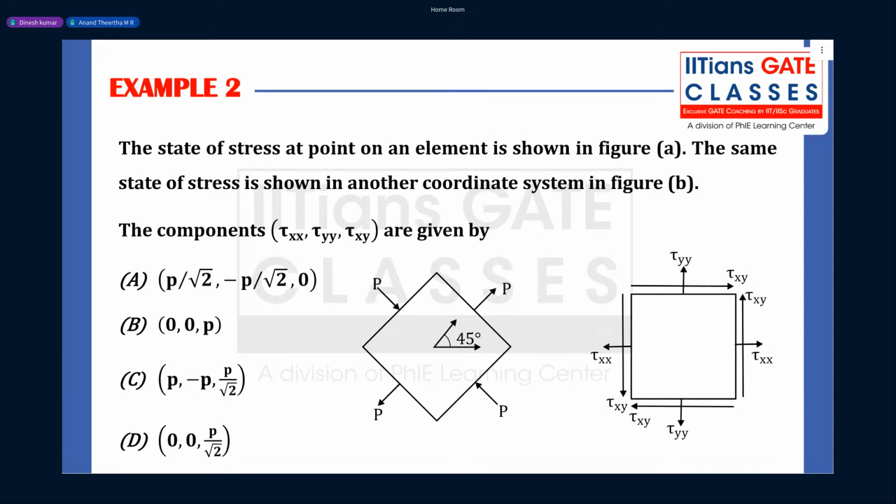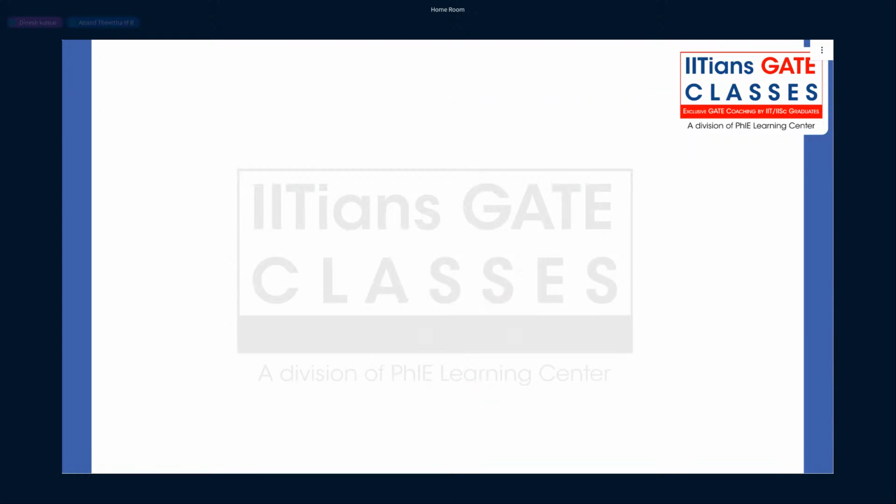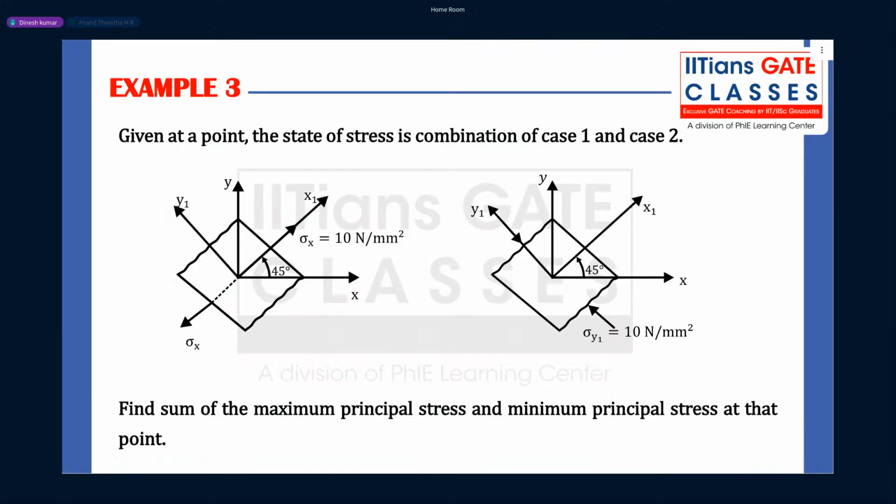This is one of the questions from GATE Mechanical. You guys read this question, and then tell me the answer. Given at a point, the state of stress is a combination of case 1 and case 2. In case 1, they have mentioned sigma x1 value and its angle is 45 degrees.